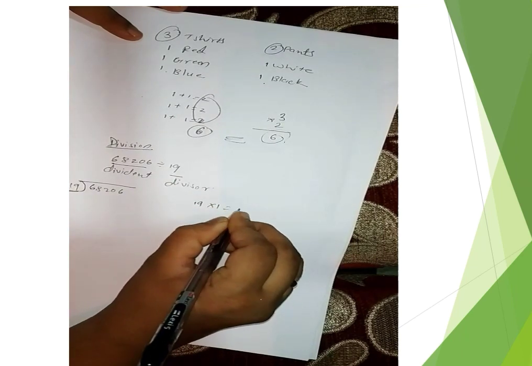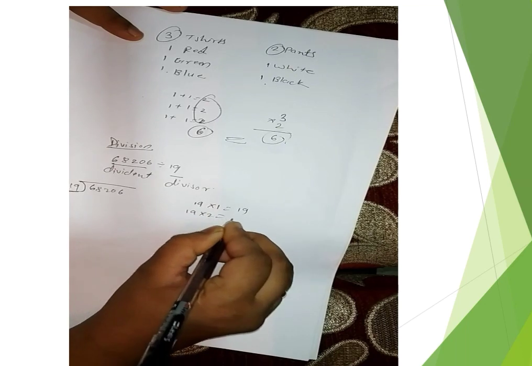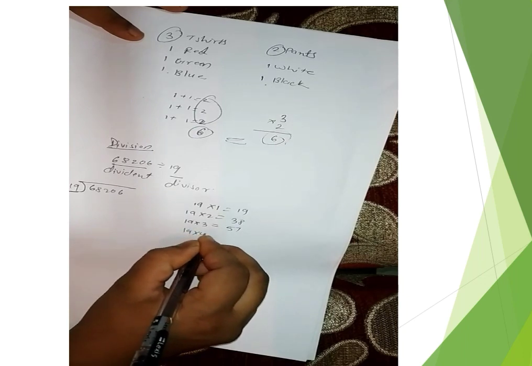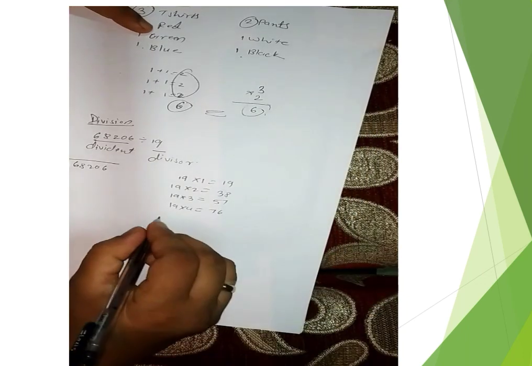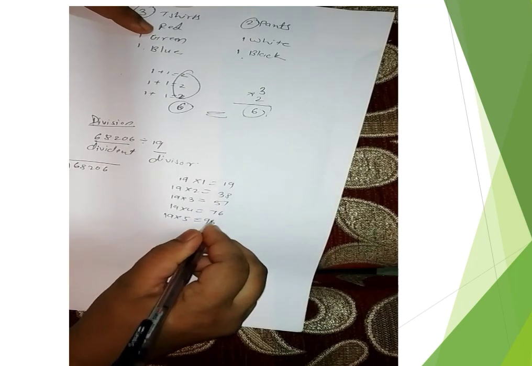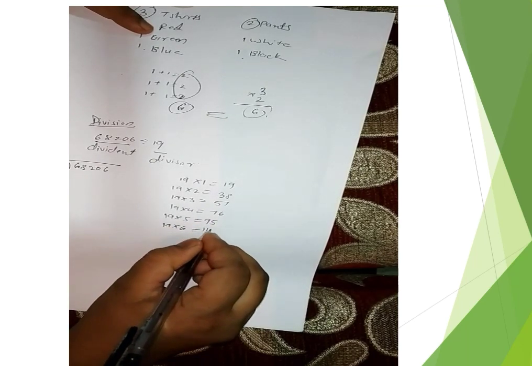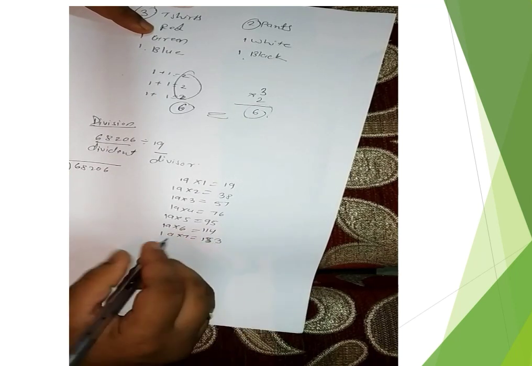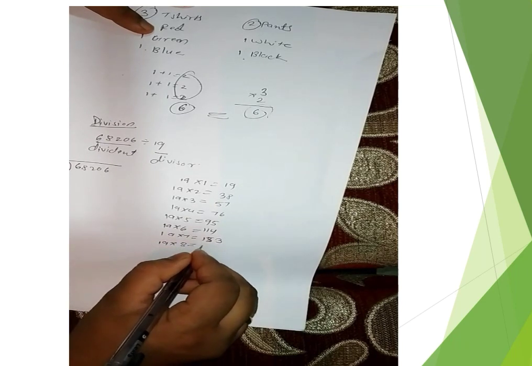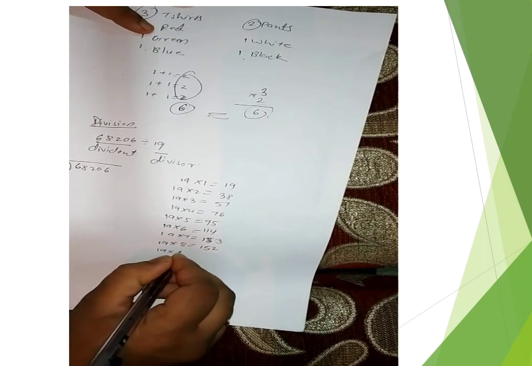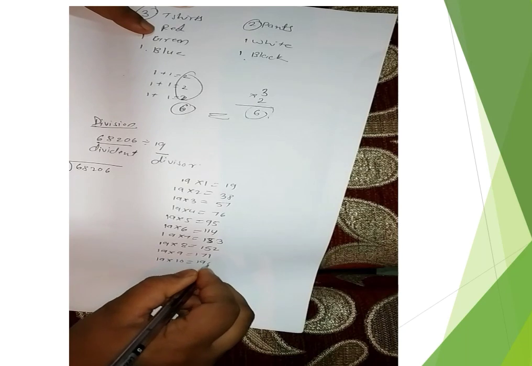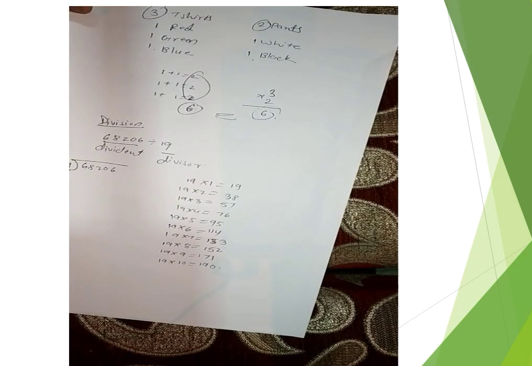So 19 into 1 is 19. 19 into 2 is 38. 19 into 3 is 57. 19 into 4 is 76. 19 into 5 is 95. 19 into 6 is 114. 19 into 7 is 133. 19 into 8 is 152. 19 into 9 is 171. 19 into 10 is 190. I have written the table for 19. Okay, now it will be easy for us to solve this.